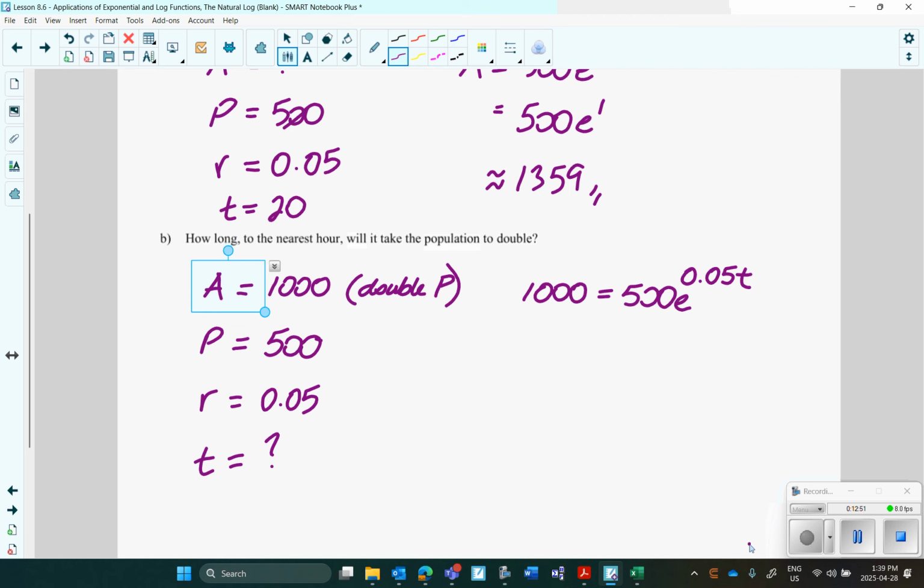But is there something I can do first? Divide by 500. Get rid of what's in front first. Divide by 500, divide by 500. I get 2 is equal to e to the 0.05 t.